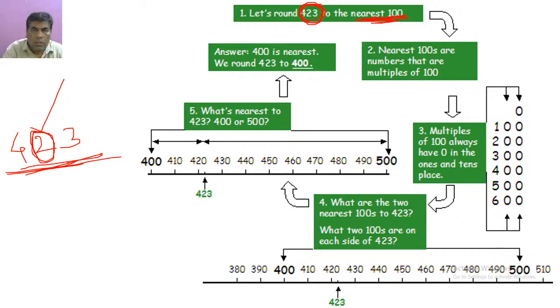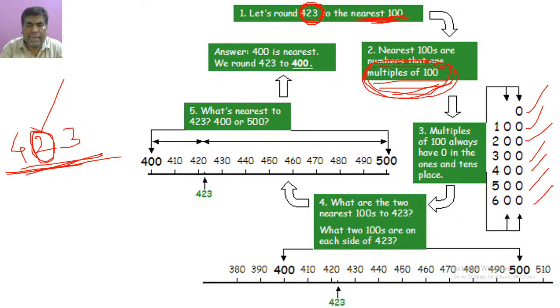Here, as they asked for the nearest hundreds, we have to take multiples of 100, like 0, 100, 200, 300, 400, 500, 600.